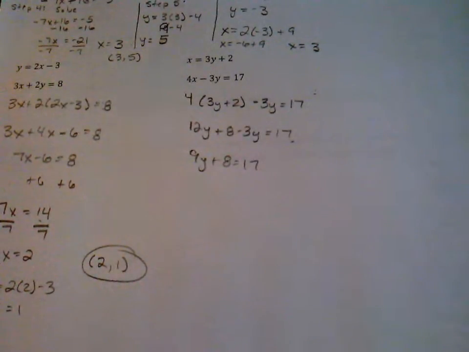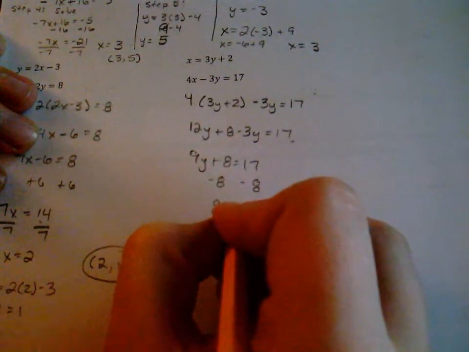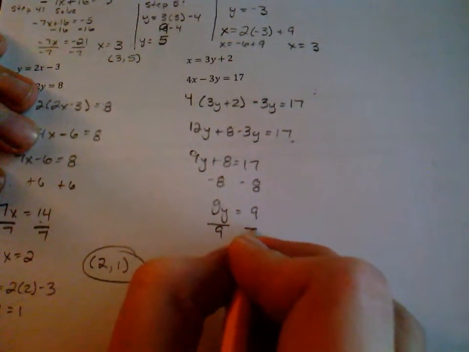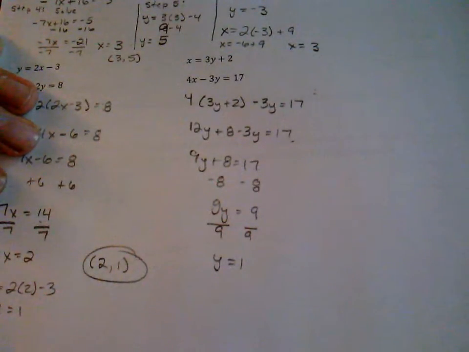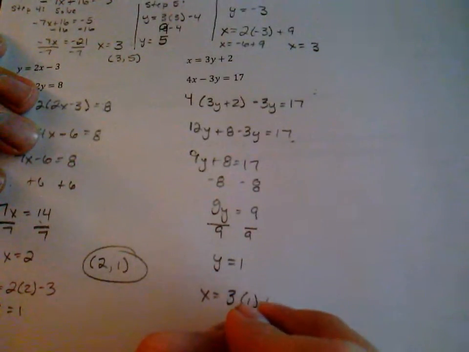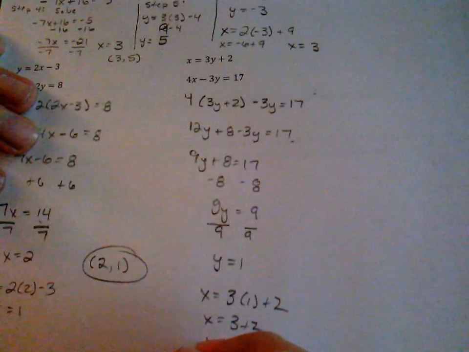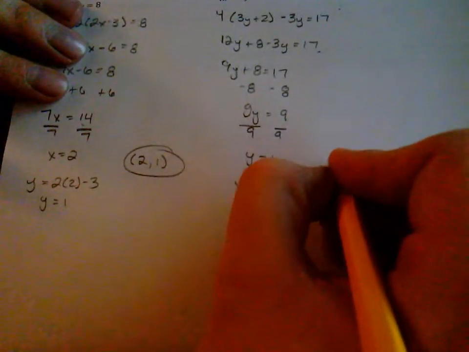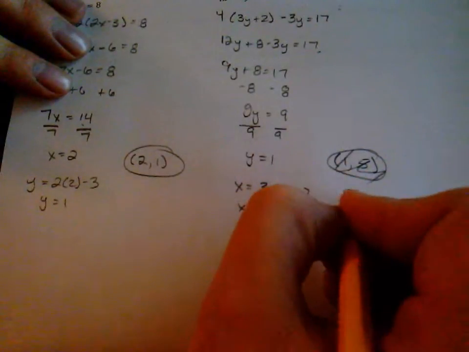We solve. So subtract 8. 9y equals 9. So then we divide by 9 on both sides. Y gives us 1. Last but not least, plug back in. X equals 3 times 1 plus 2, or x equals 3 plus 2, x equals 5. So my answer is (1, 5). Or actually, sorry, (5, 1).